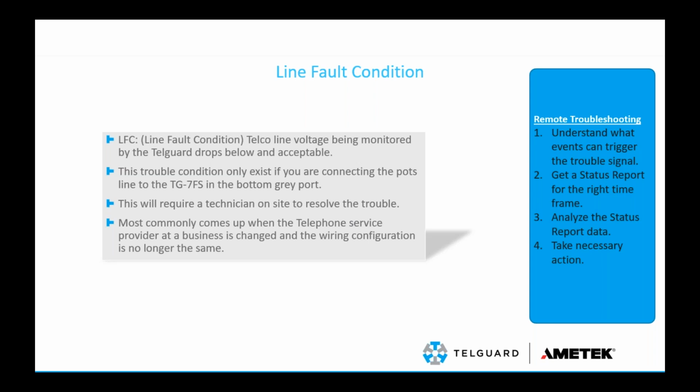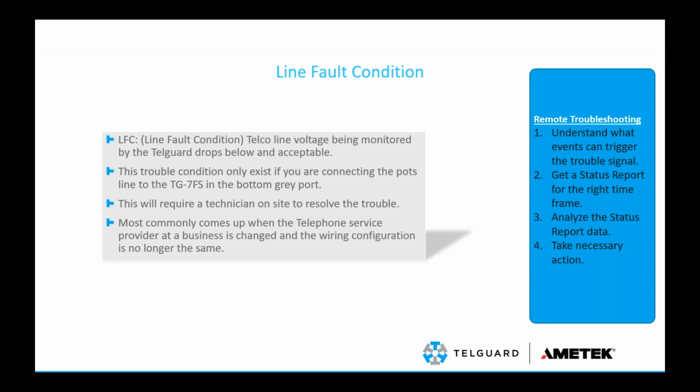So if this happens, it most commonly comes up when the telephone service provider at a business has changed and the wiring configuration is no longer the same. So that's the most common for a long-term LFC. Obviously, it can happen in other capacities, such as if it's not backfed properly and they go to make a phone call, it can throw the panel into an LFC.